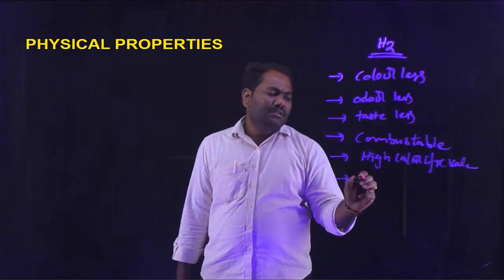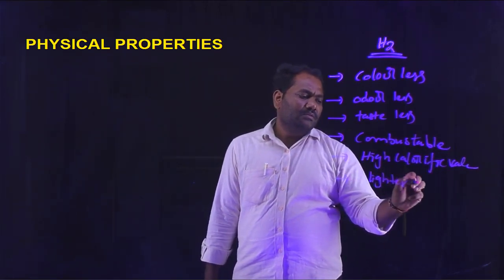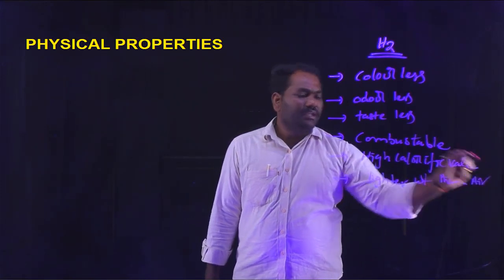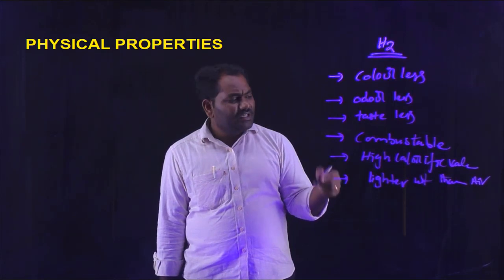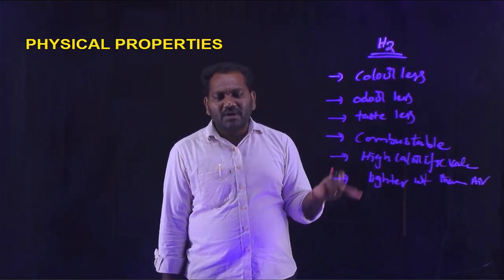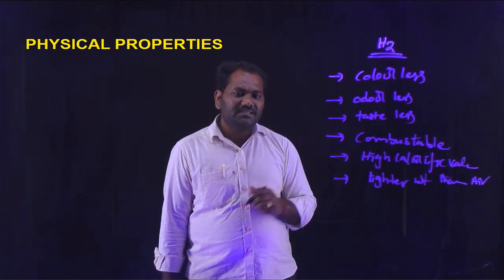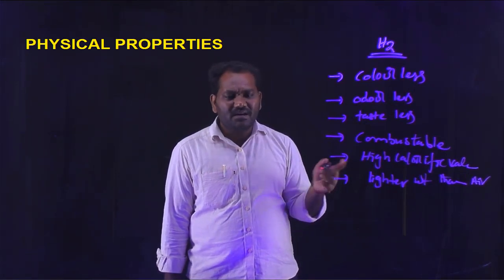And lighter in weight than air. Why? Because the mass of this dihydrogen is only 2. Among the gaseous substances, this is the lightest substance, lighter than all other gases.